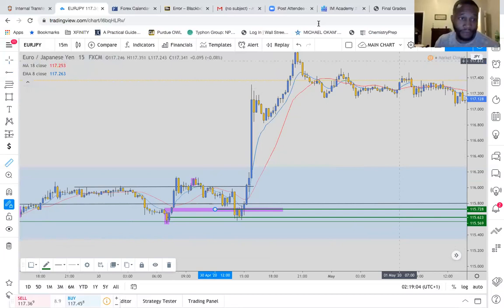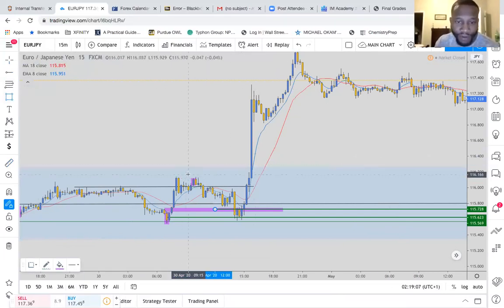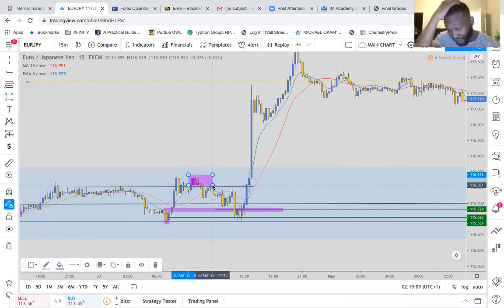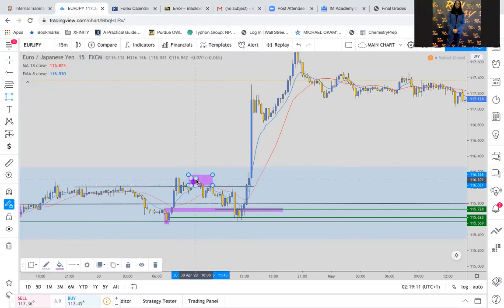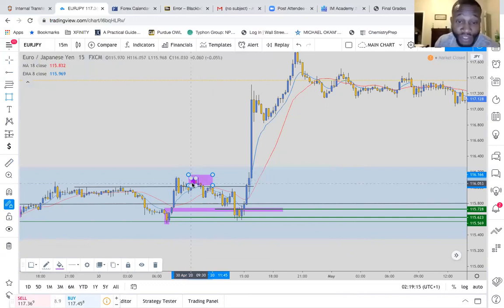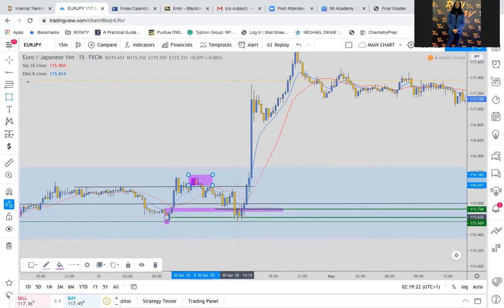Like if price was right here and news was about to happen, what the news was gonna do was drive price down to my entry zone, and I'm just taking a trade once I see my confirmation.